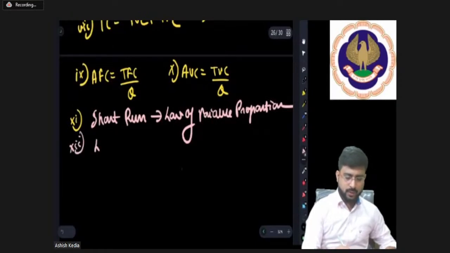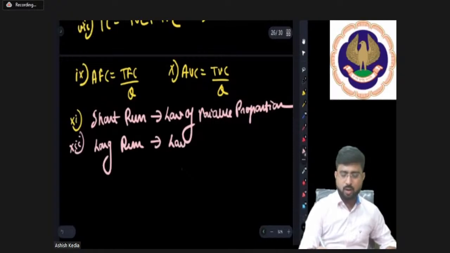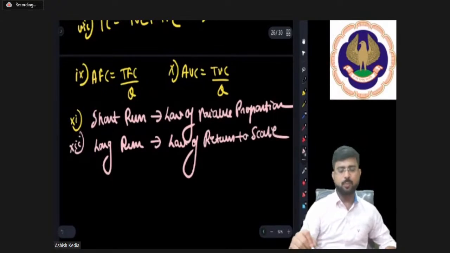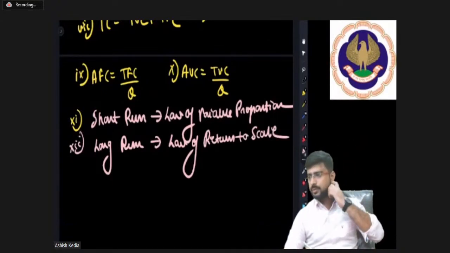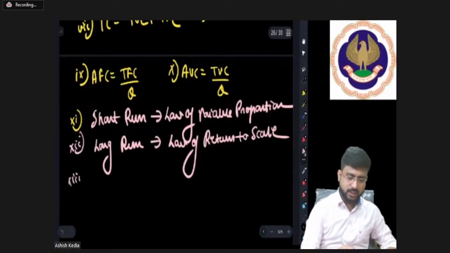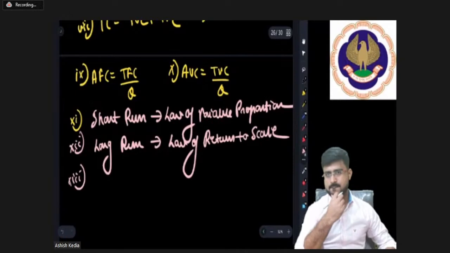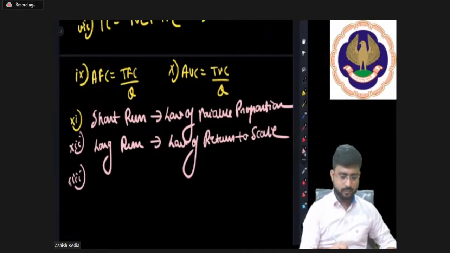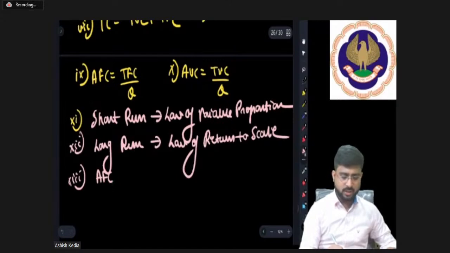Number 12: in the long run, it is the law of returns to scale that operates. Point number 13: the average fixed cost curve shape is a rectangular hyperbola.